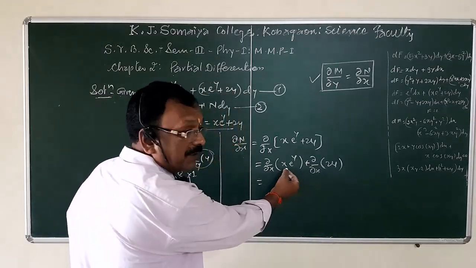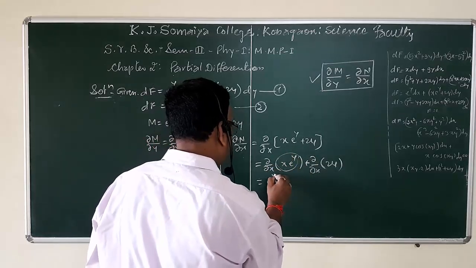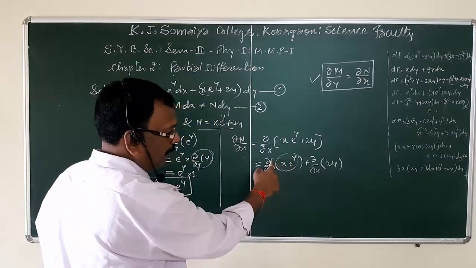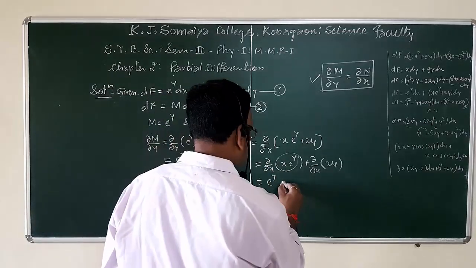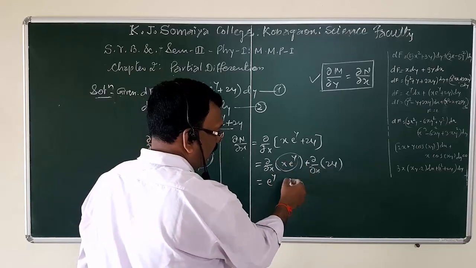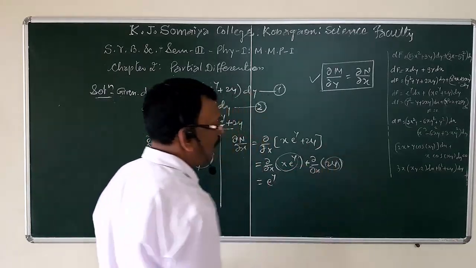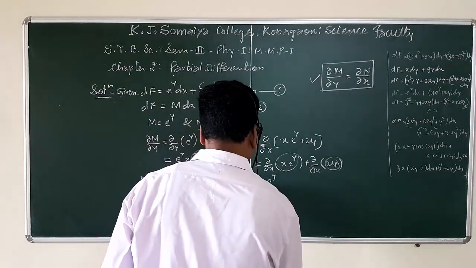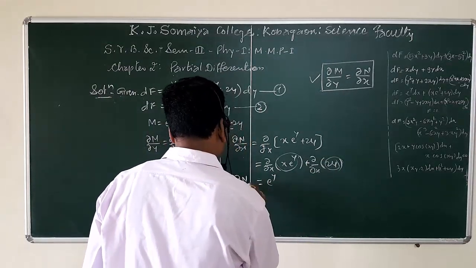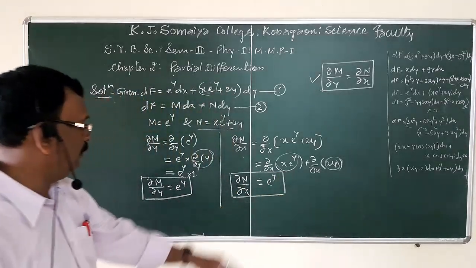When we differentiate this term with x, we have simply e raised to y, because del x by del x is 1, and del y by del x is 0, as the differentiation of 2y with respect to x is 0. Therefore, del N by del x gives the final value e raised to y.